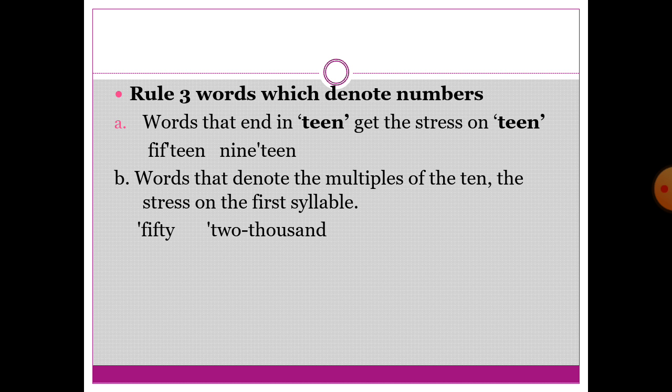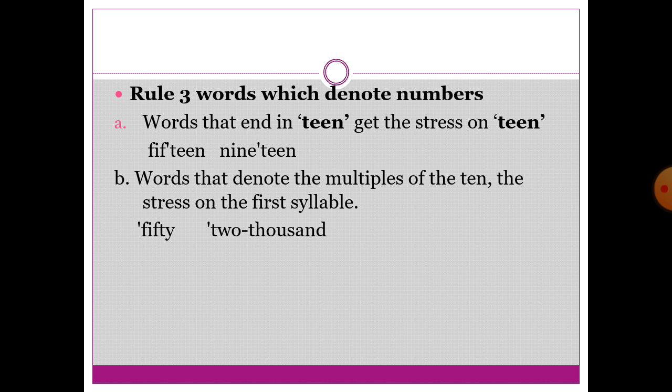And look at the second rule: words that denote the multiples of 10. Now, what are the multiples of 10? 20, 30, 40, 50, 60, 70, 80 and 90. These are the multiples of 10.